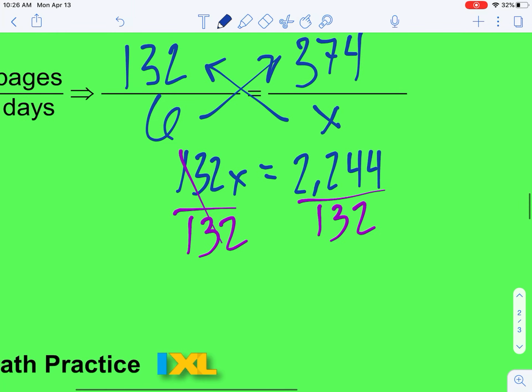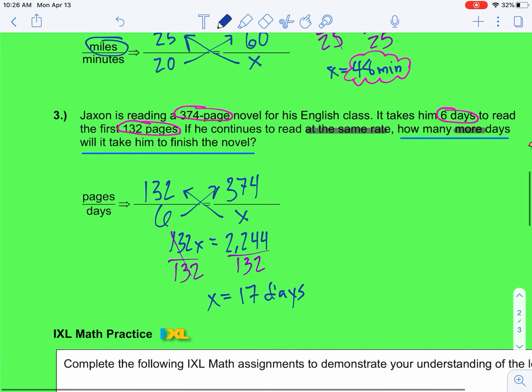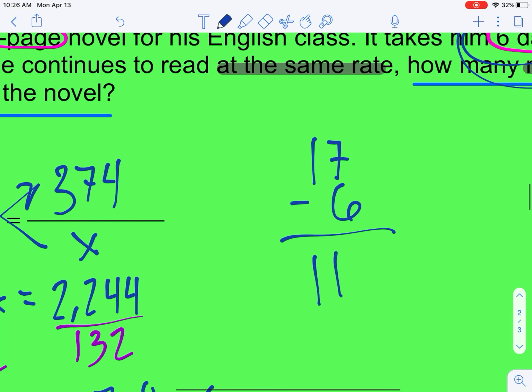And x equals 17 days. Now, that's not my final answer. That's how long it's going to take Jackson to read the entire book. My question says, how many more days will it take him to finish it? So he already spent 6 days reading it. So he has 11 more days until the book will be complete.